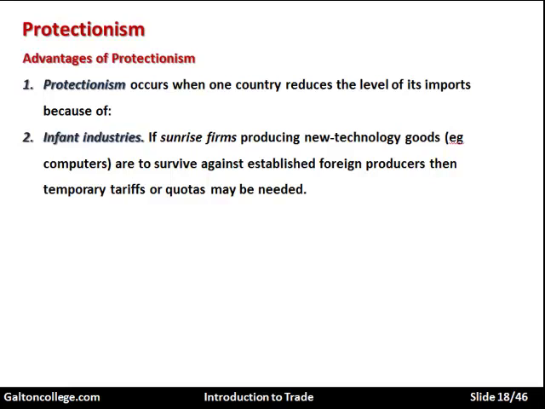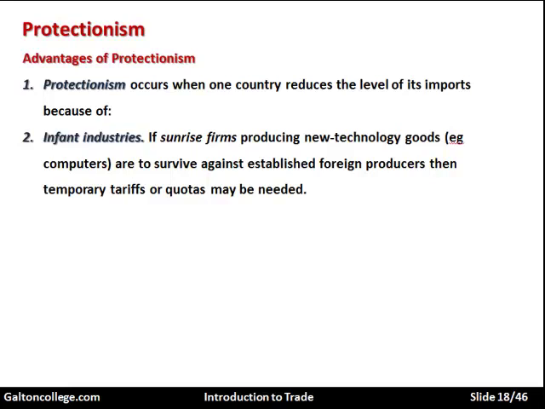Now, infant industries, sometimes sunshine firms, sometimes sunrise firms, they have various names in the literature. These firms producing, say, new technology goods, for example, computers, if they are going to survive, they need to be established and to be given some help at the early stages. They're infant industries.